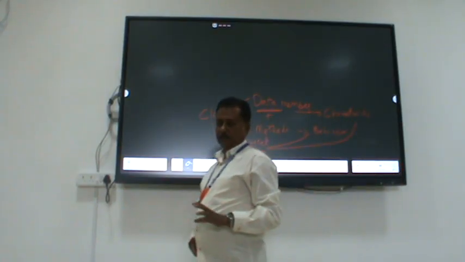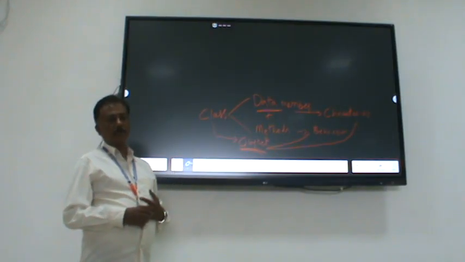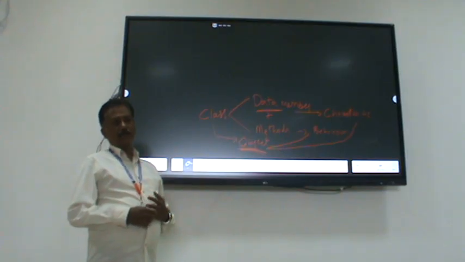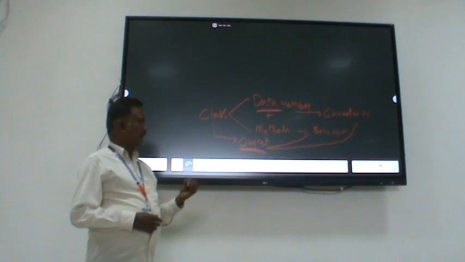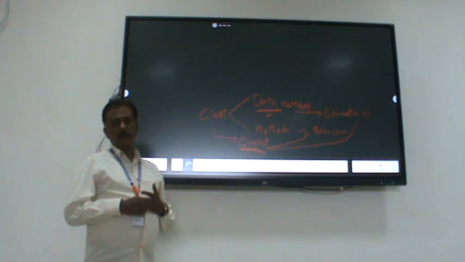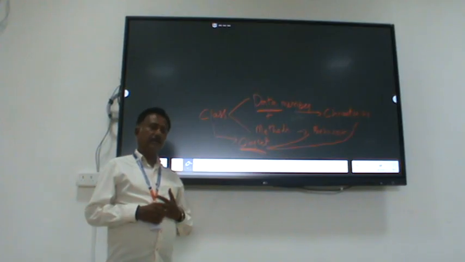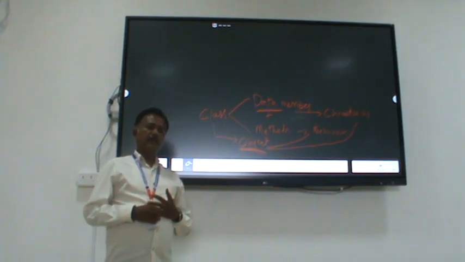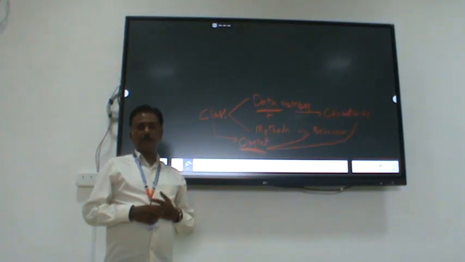Let me tell you what characteristics are. Say a student is there: student name, student ID, student date of birth, phone number, address. These are all characteristics. Now student behavior. Say you have a data member called student mark. Imagine we are conducting the Navodaya entrance exam, an all India level entrance exam, and every student will obtain a mark, and based on that mark we need to produce the selection list.